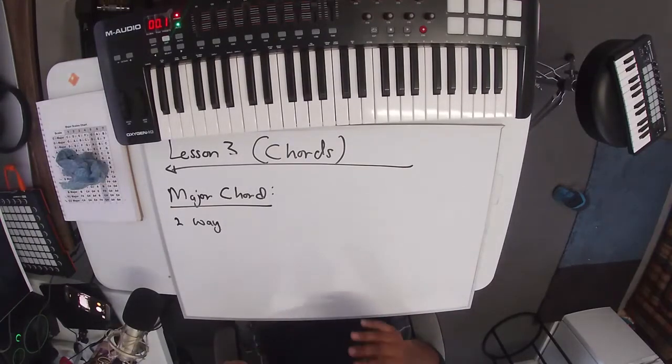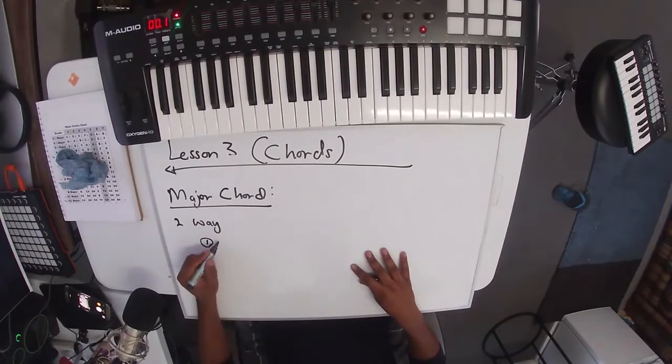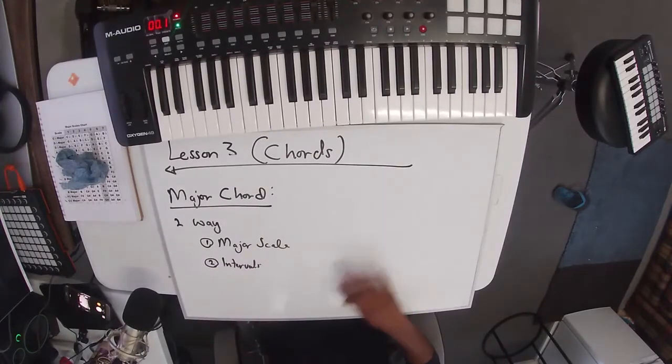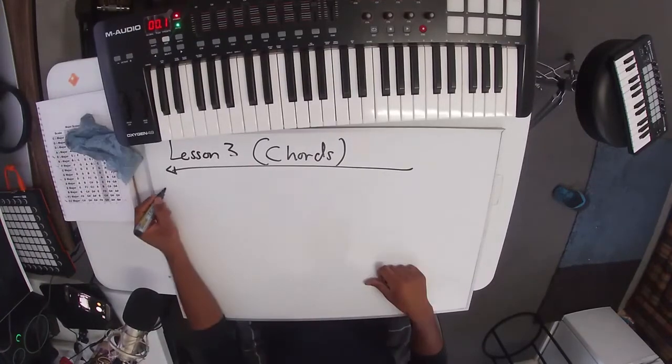There are other methods as well, but I'm just going to talk about these two. The first way is to use the major scale. I love this method. The second method is to use intervals.